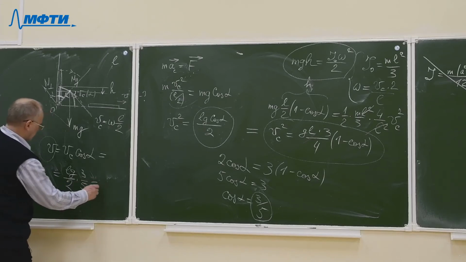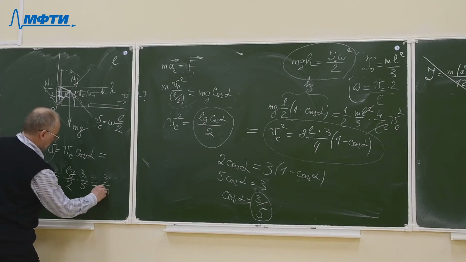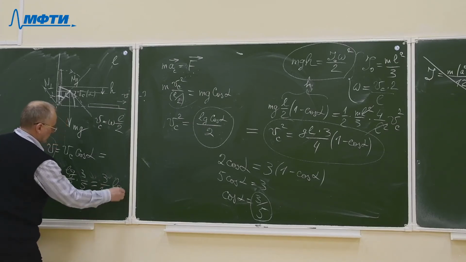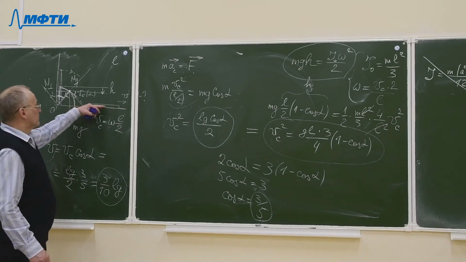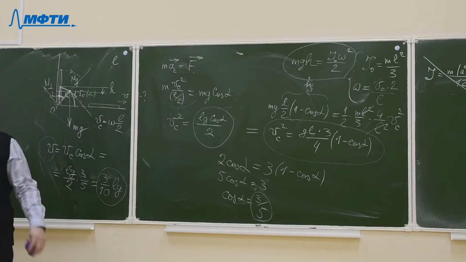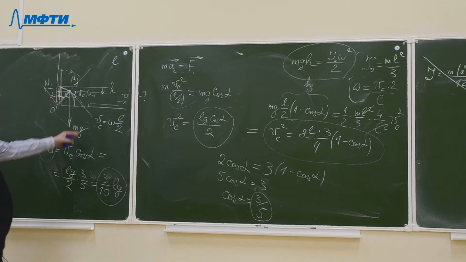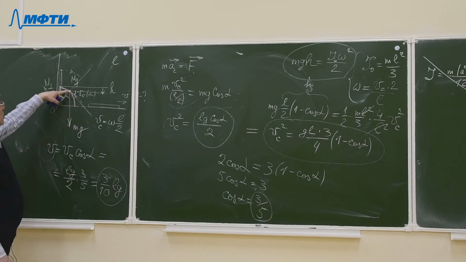So this velocity will be 3 over 10 Lg. The final velocity with which the plate will slide without friction along the floor is the horizontal component of the velocity of the center of mass at the moment when the plate lost its contact with the vertical wall.